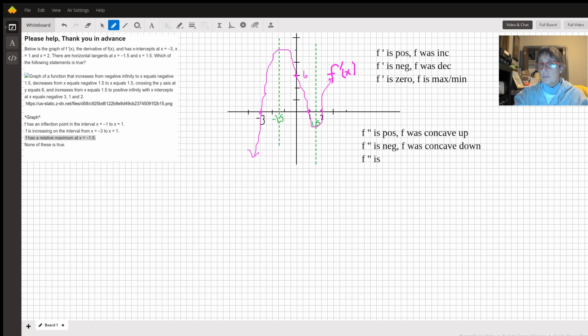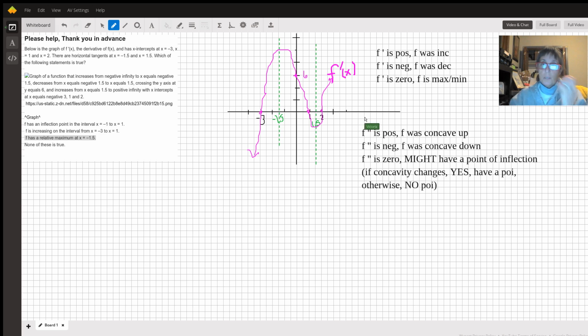And if the second derivative is 0, you might have a point of inflection. Not guaranteed. If the concavity changes, then yes, you have a point of inflection. Otherwise, no, you have no point of inflection.